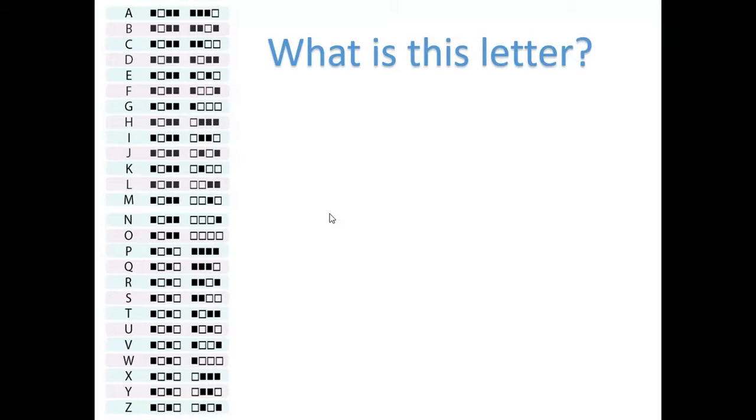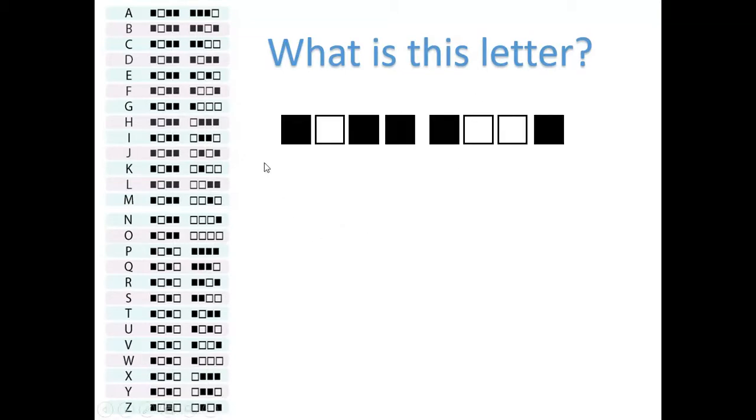This is just matching. So in this one, I have off, on, off, off for this first part of it. So let's look through. Do you notice a pattern here? A through O all has that pattern of off, on, off, off. And then P through Z has a different pattern for the first half. They go off, on, off, on.